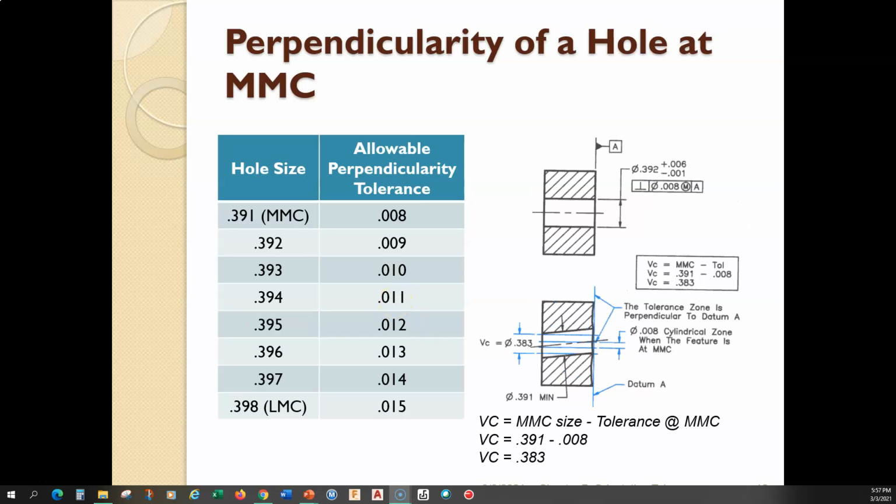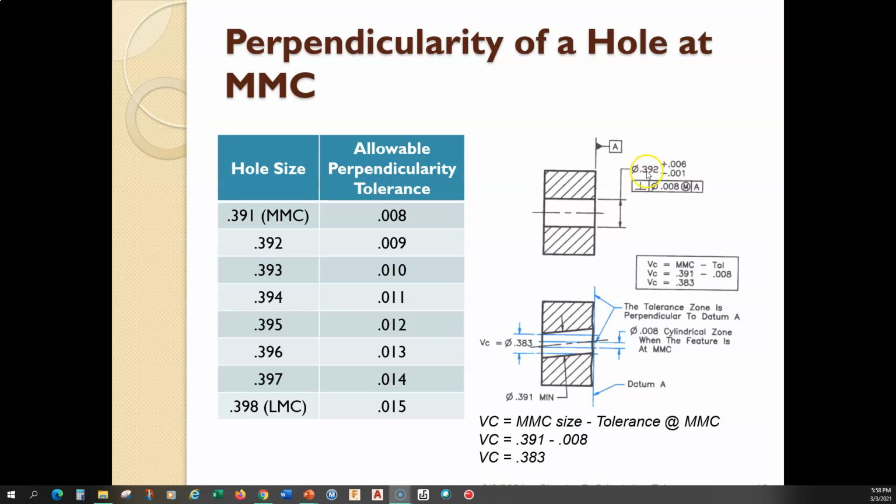All right, so let's do another one. Now, this time we have a hole, and the hole has a size of 392 plus 6 thou minus 1 thou, right? So the hole size can range between 391 and 398, right? 391 is 392 minus 1, and 398 is 392 plus 6.